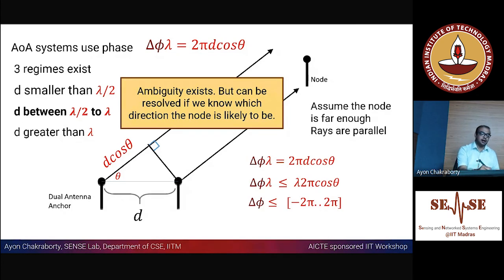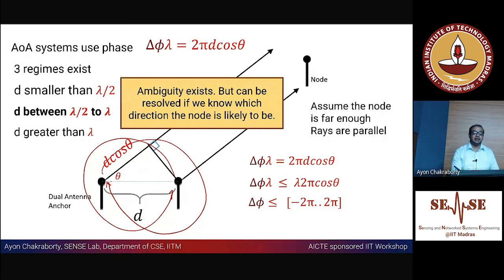It can either tell you like this, or like this. If you know the likely direction of the device, whether it is on the front side of the anchor or on the back side, then you would be able to tell me the exact angle. But there is a small ambiguity.